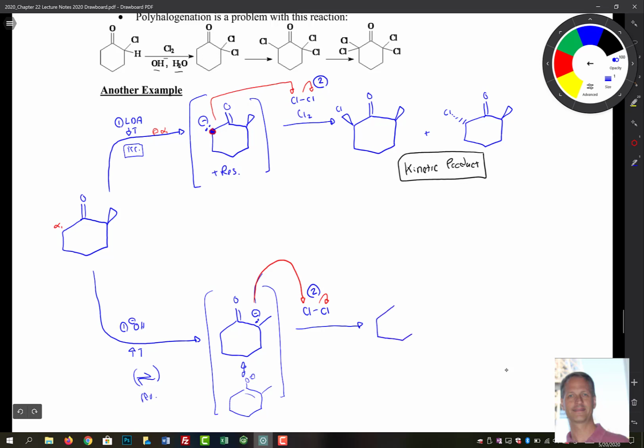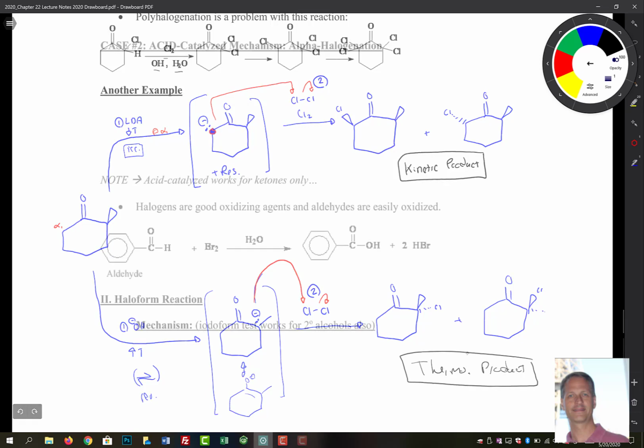So we're going to get our carbonyl with a chloro group plus our carbonyl with our chloro group on a wedge there. Right. And again, because that came from the most stable, thermodynamically stable enolate, this is the thermo product.